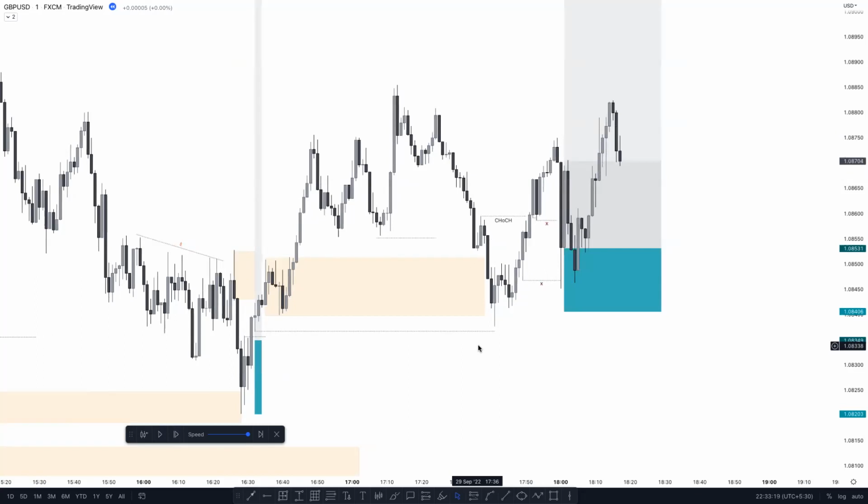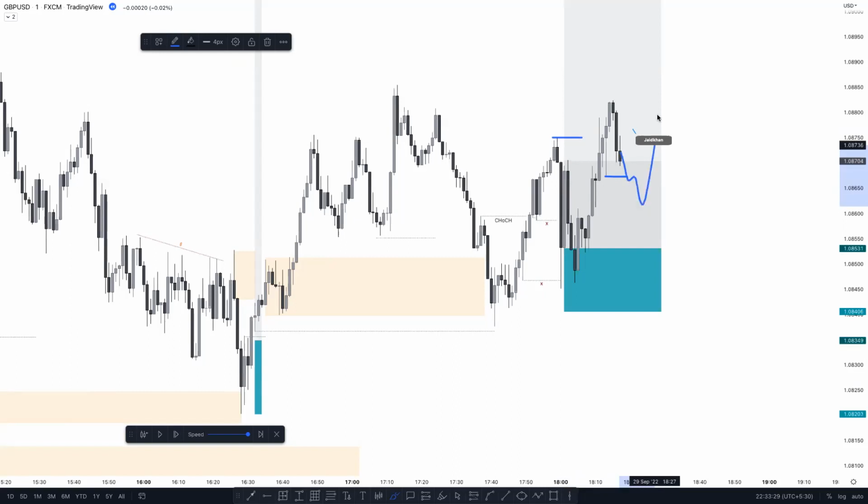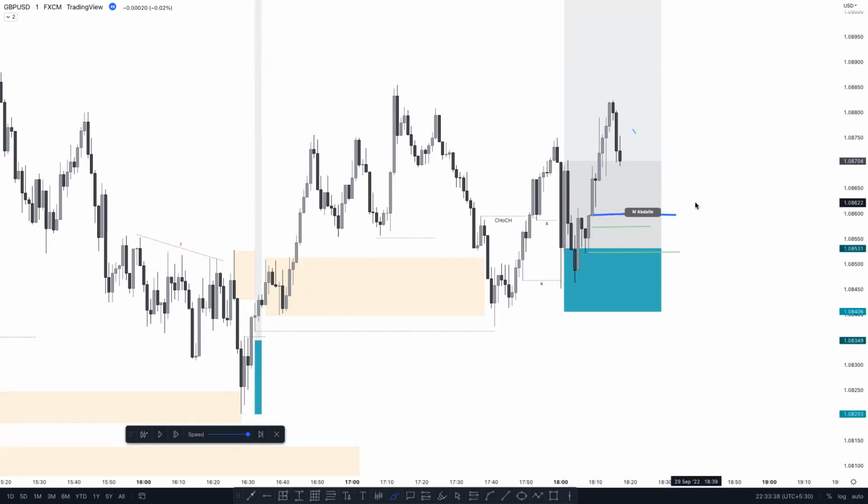Perfect. Now we can see again market break this high. After break the high, where is our inducement? This one, right? So once market taken this low, then we can again buy here. When we can buy? On this level, right?